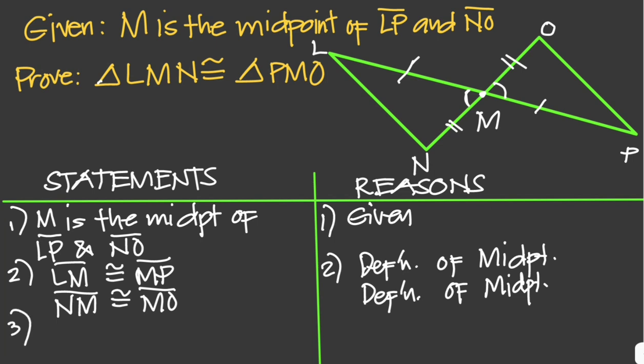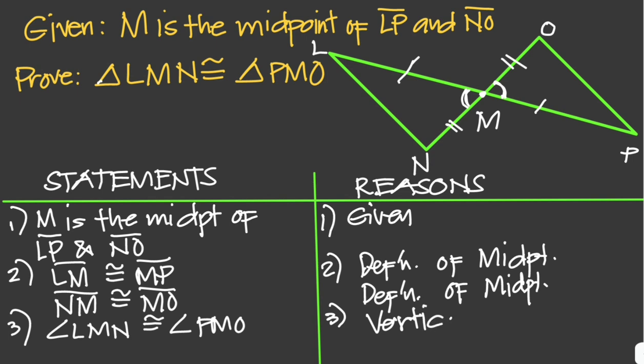Okay, so we already have two sides. Then this angle here, they are vertical angles. So we can say that angle LMN is congruent to angle PMO. Our reason would be vertical angles congruence theorem.